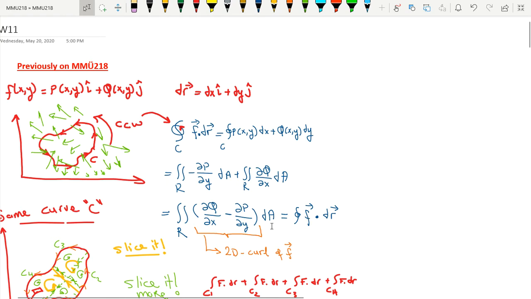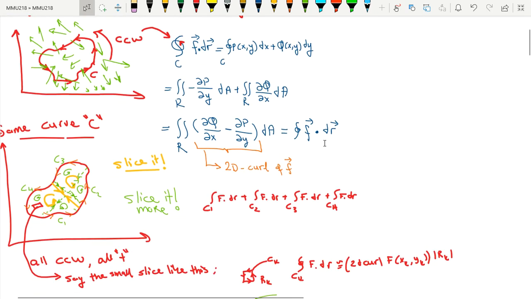Okay, and now we had partitioned this curve into the x and y directions, and came up with a formula on, let's say, the left hand side. In general, we put this on the right hand side. It doesn't matter. This line integral, which represents my work, can be worked out as the 2D curl of my field vector.